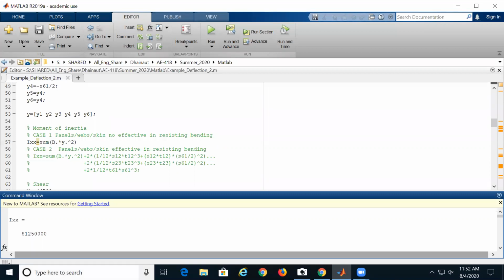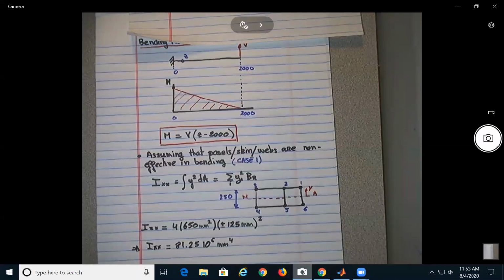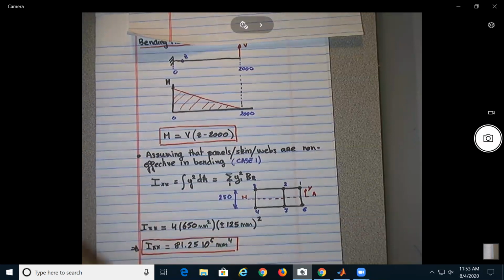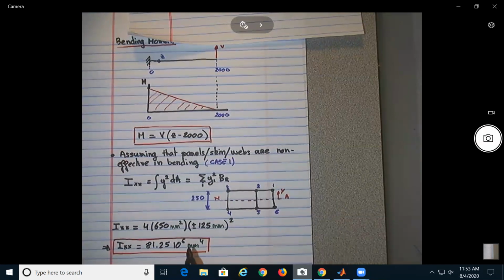So let me go back here. There we go. Oh yeah, I forgot. Yes. The same thing that happened on the previous problem. Yeah, correct. So what I forgot here, the result is going to be correct.